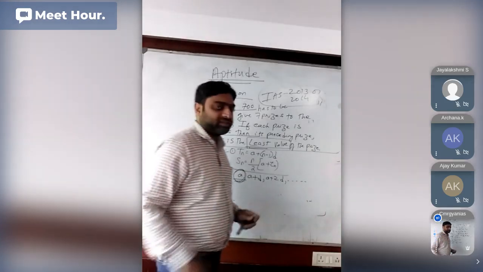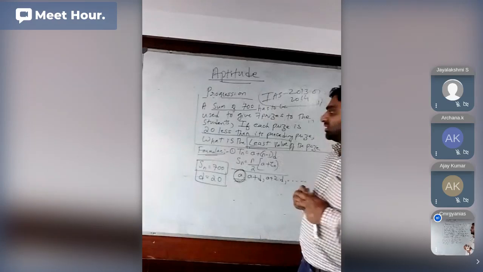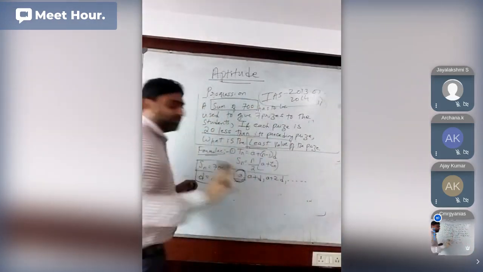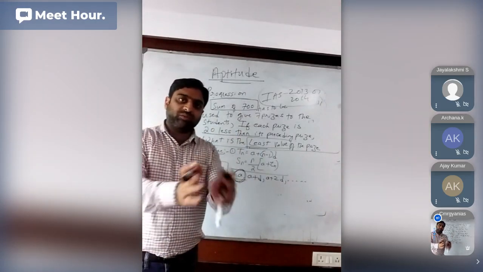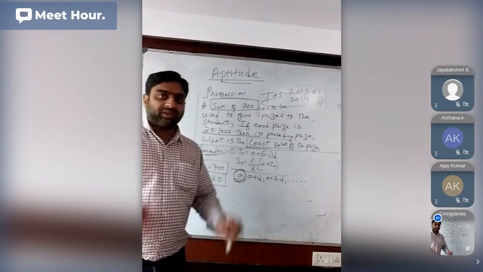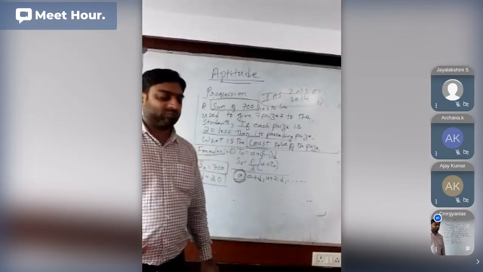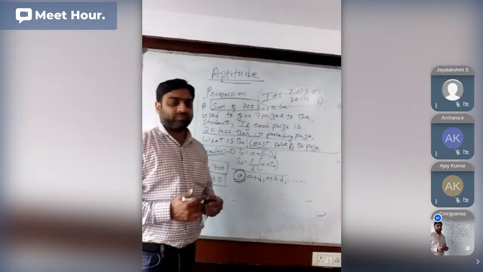Can you try? This is a little tricky question. You have rupees 700 that you should divide into 7 prizes. Between each prize, the gap is only rupees 20. What is the least prize?